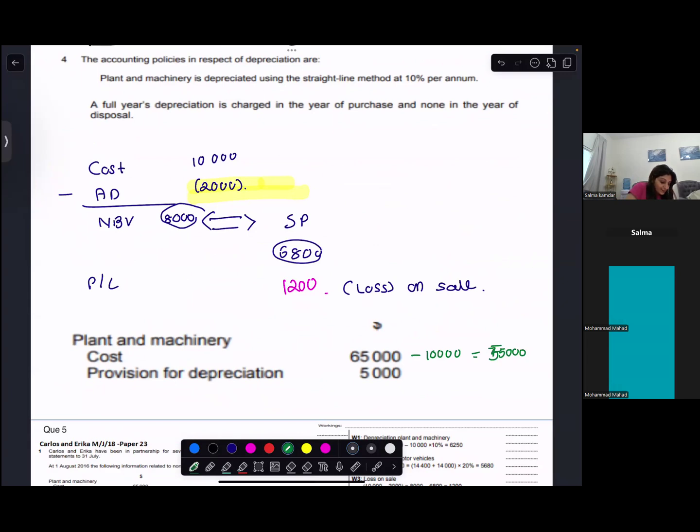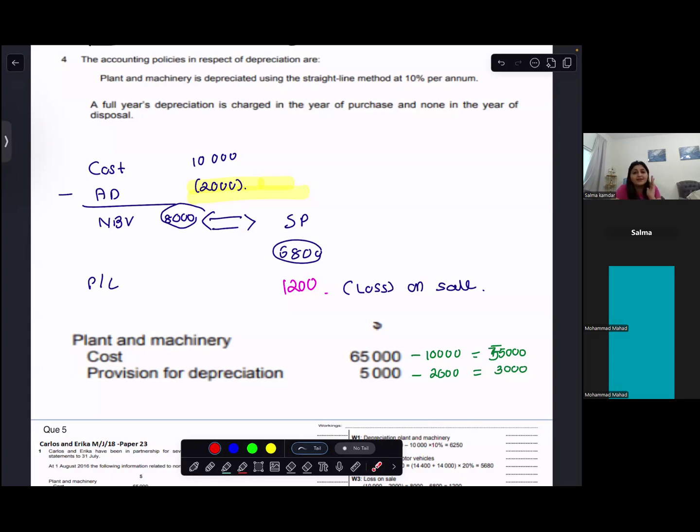From the accumulated depreciation, I'm going to remove the accumulated depreciation of the asset disposed. So my accumulated depreciation of remaining assets is 3,000. Now, if I have to calculate the depreciation on net book value, I will take 55,000 minus 3,000, get the new net book value and calculate depreciation.